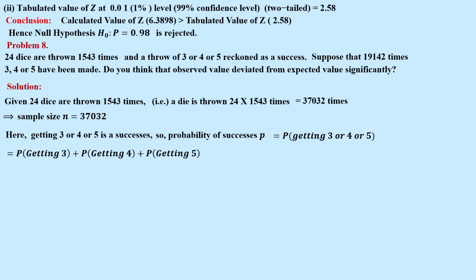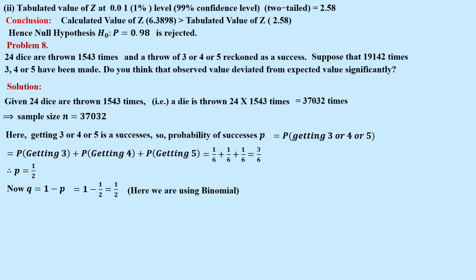We know these are independent events. That is why probability of getting 3 plus probability of getting 4 plus probability of getting 5. 1 by 6, 1 by 6, 1 by 6, we know. 3 by 6, that is equal to 1 by 2. So P is equal to 1 by 2. Q is equal to 1 minus P, that is also 1 by 2.